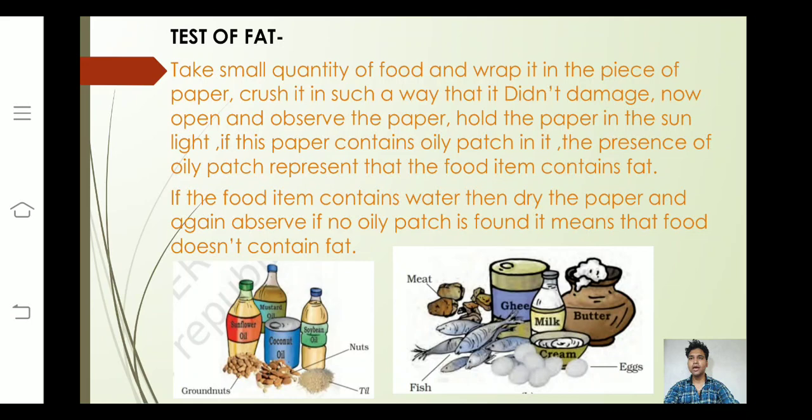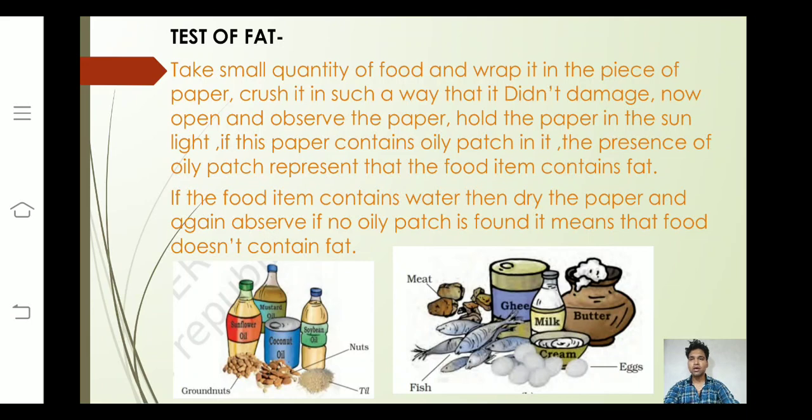Friends, if we have to test the presence of fat, what do we have to do? We take a small quantity of the food we want to test, wrap it in a piece of paper and crush it.